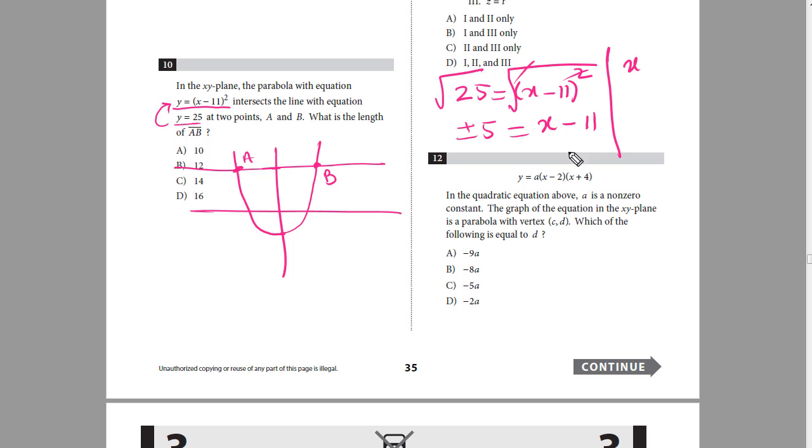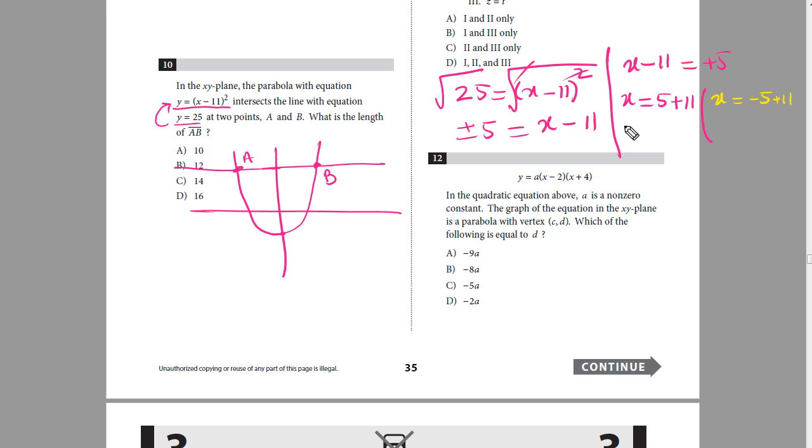x minus 11 is equal to plus minus 5. From here I will get two values of x. One value will be x is equal to 5 plus 11, and the other value would be x is equal to negative 5 plus 11.